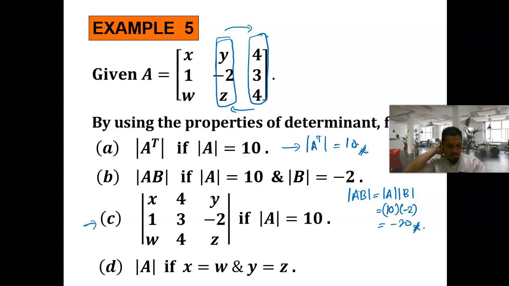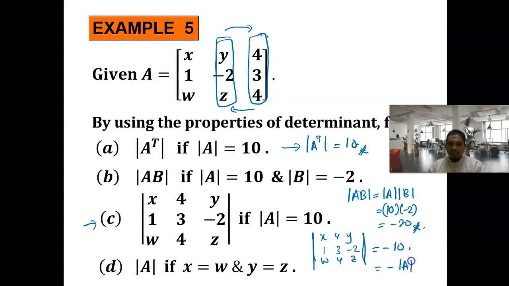If any two rows or columns are interchanged in the matrix, then the new determinant is the negative determinant of A. So the determinant of x 4 y, 1 3 -2, w 4 z equals -10, the negative determinant of A.